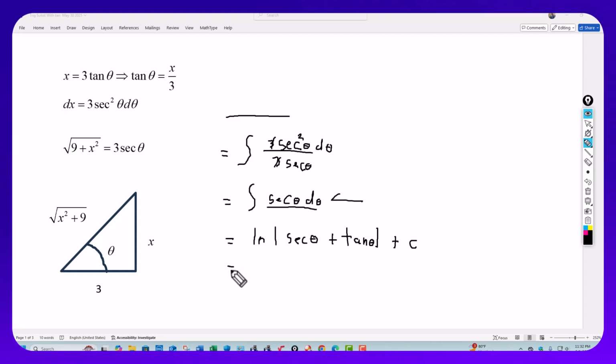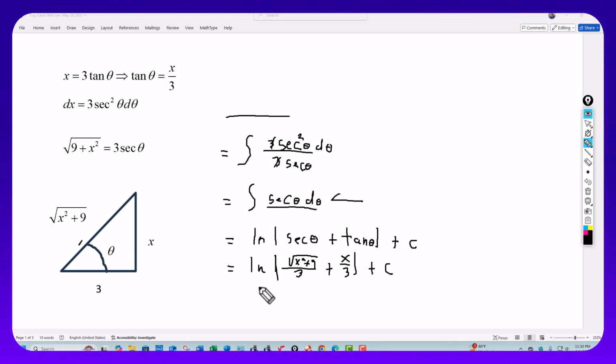In some cases you might not need the triangle, but here, for secant, look at the triangle: secant is the hypotenuse, the square root of x squared plus 9, over the adjacent side, so it's the square root of x squared plus 9 over 3. Then tangent theta, from the triangle, is the opposite over the adjacent, so x over 3. This is plus the constant of integration.